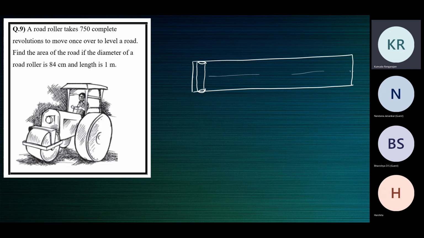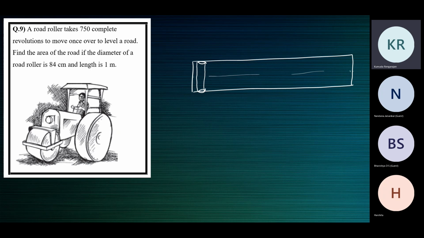Because when the cylinder makes one complete revolution, its curved surface area would have gone on the road completely. So the area covered in one revolution is equal to the CSA of the cylinder.